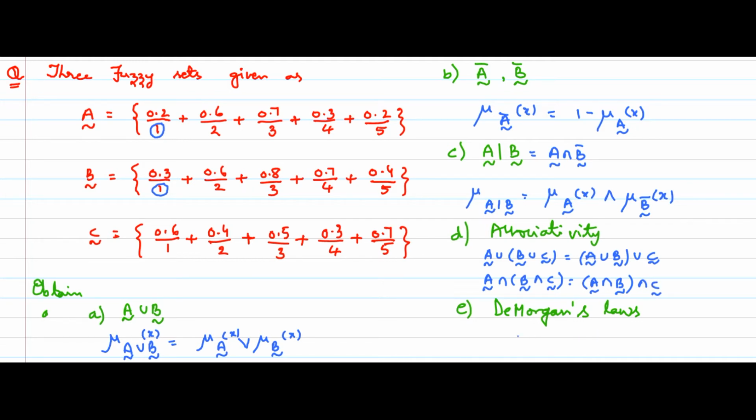So coming to De Morgan's laws, it is A union B whole bar is equal to A bar intersection B bar. Okay, it's simple. The symbol will be changed and the bar will be changed. So this is a bar for the group and it is individual bars.